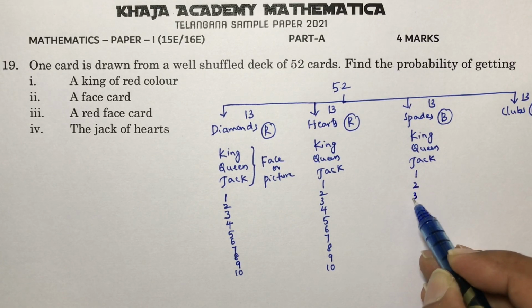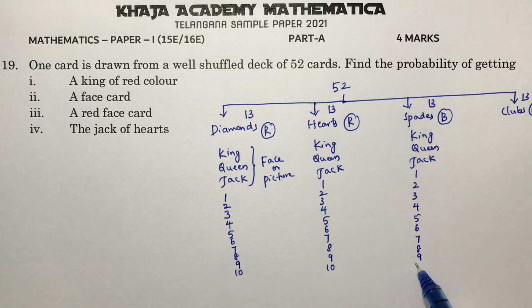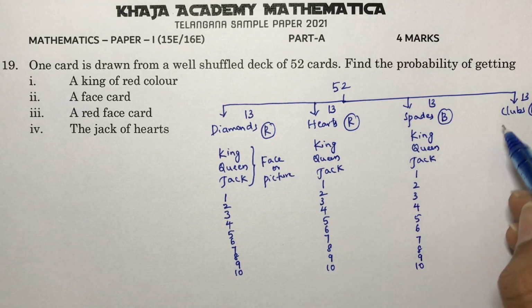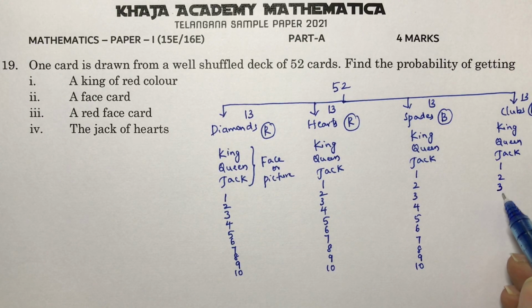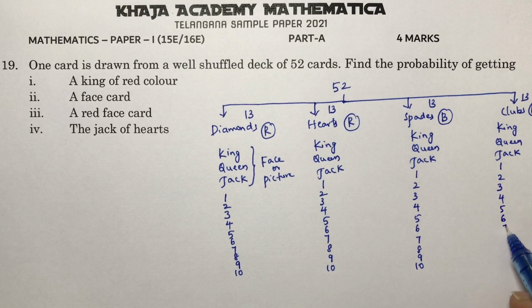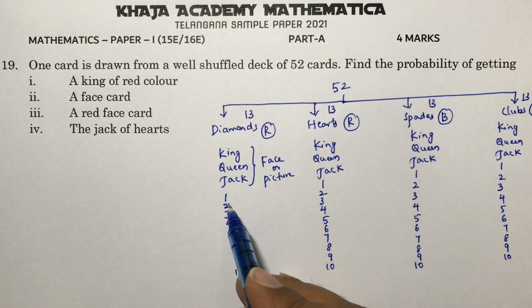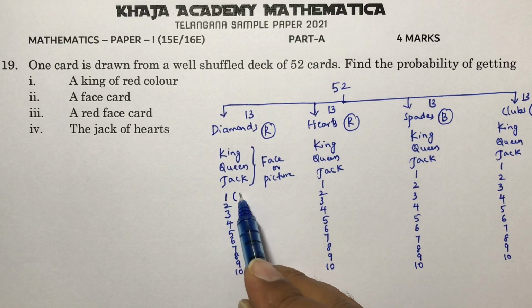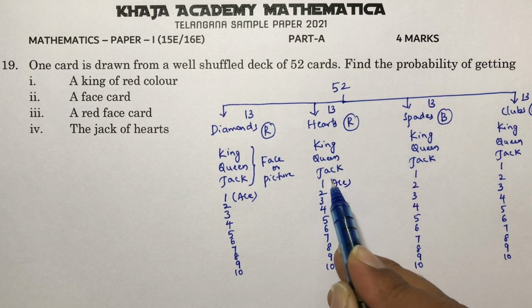Then 1 to 10. Same thing over here. So king, queen, jack are face cards. These remaining are number cards. This one they'll call ace.